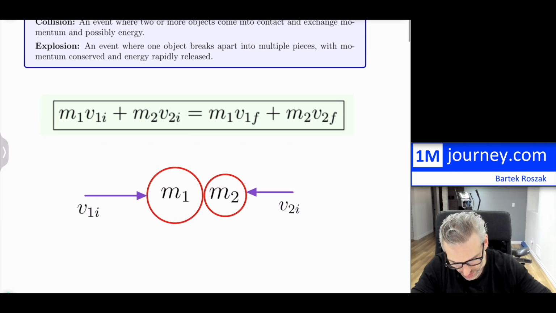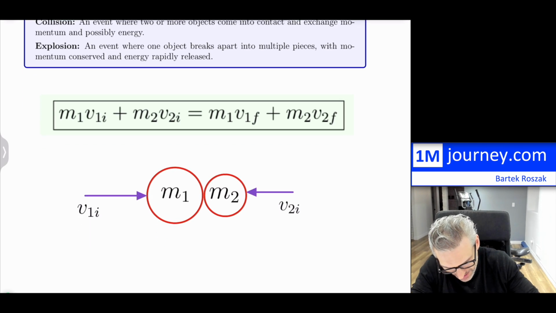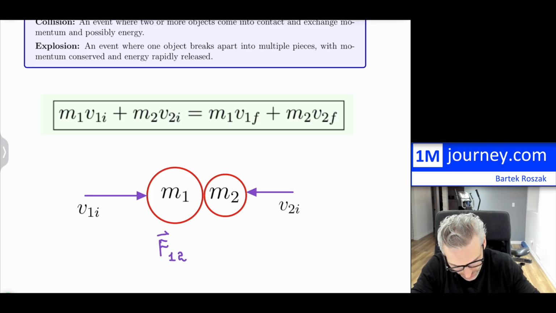So in short, let's imagine that you have a force from object number 1 on object number 2. This would be equivalent to, or you can simply write it as, the force of object number 2 applying on object number 1.